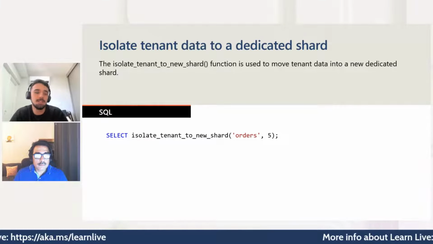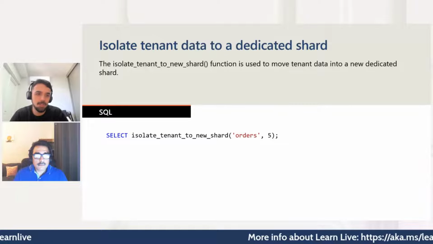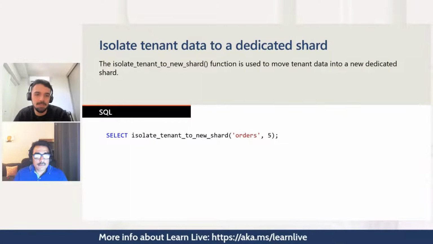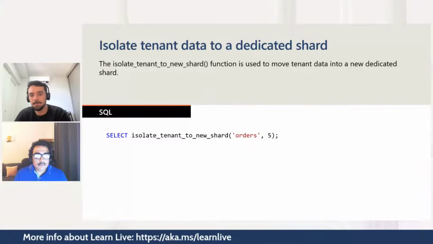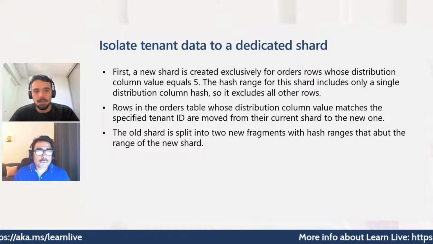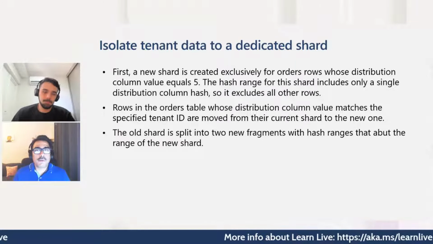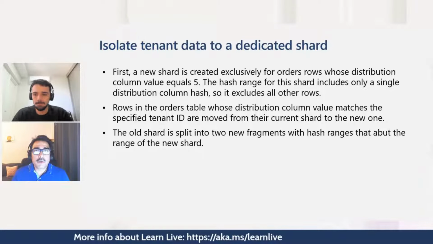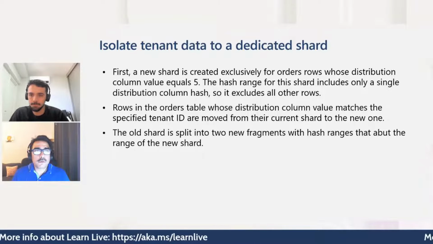So this is something you can do in order to prevent or fix some issues that noisy tenants might be causing. Yeah. So as we were talking, a new shard is created exclusively for order rows whose distribution column value equals 5.